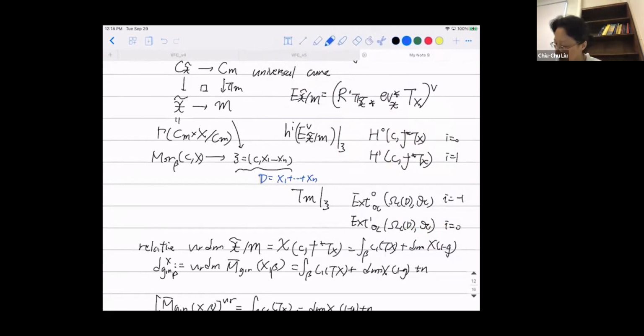So for example, if C is smooth, then we get H0 of C, TC. So the infinitesimal automorphisms are the space of vector fields vanishing at the marked points, and the Ext 1 is this.